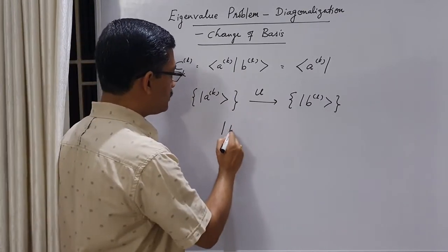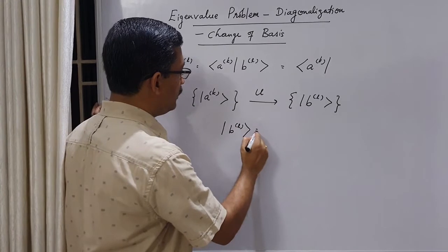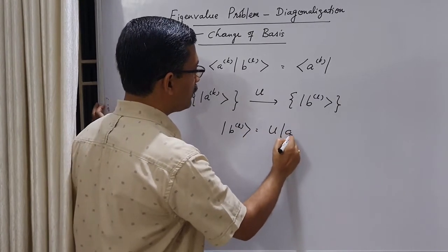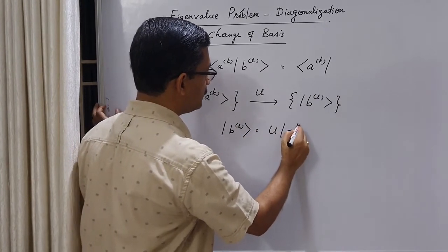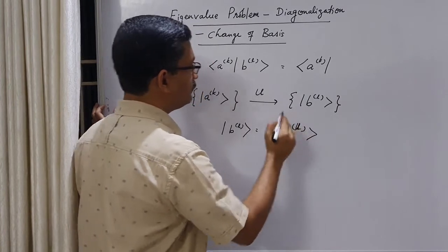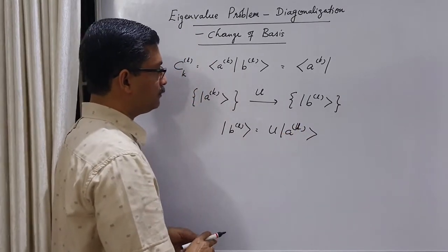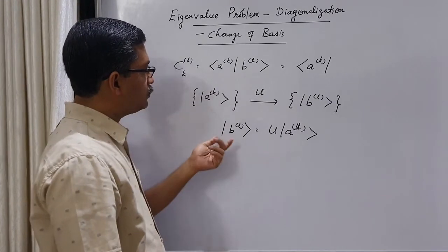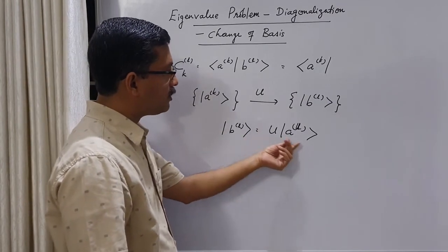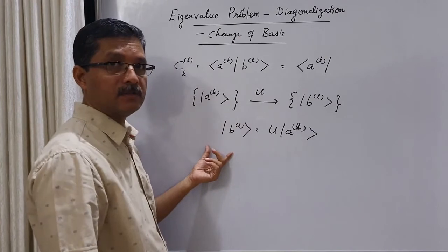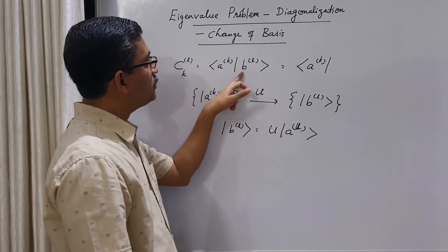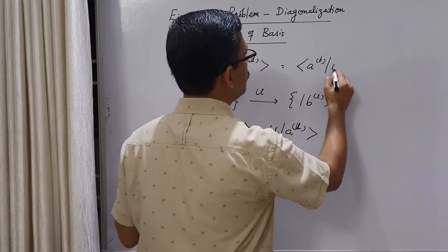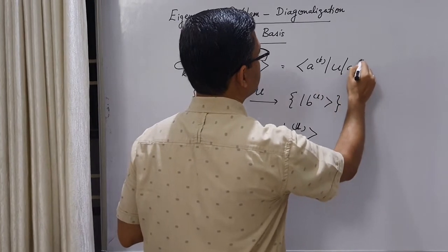The new basis is obtained by the unitary operator U acting on the old basis, let me say |a_l>. So the unitary operator acting on the old basis gives the new basis. Therefore, instead of this ket |b_l>, I can write U acting on ket |a_l>.